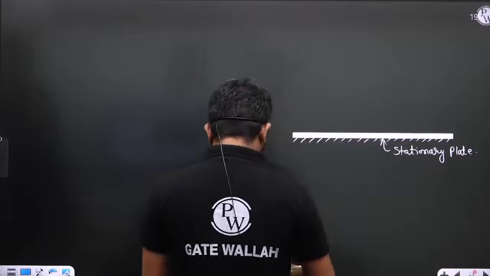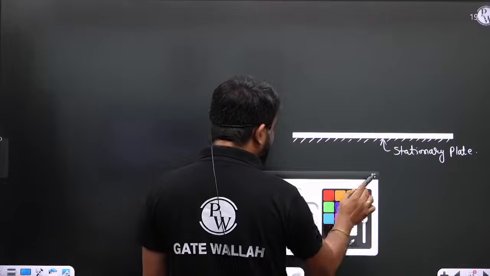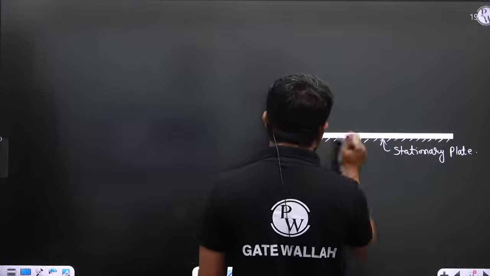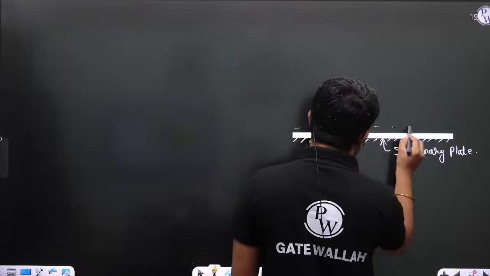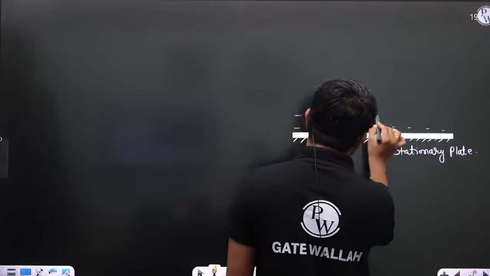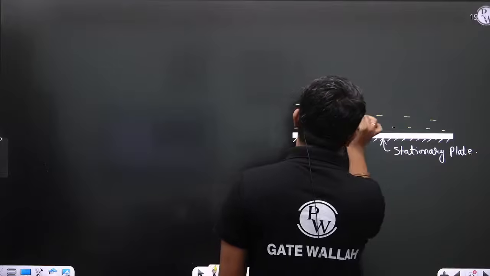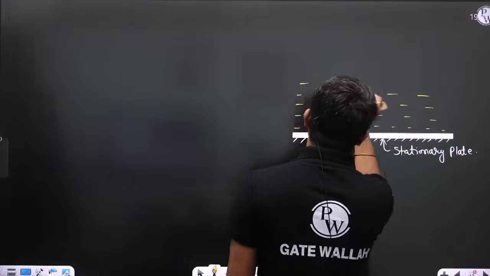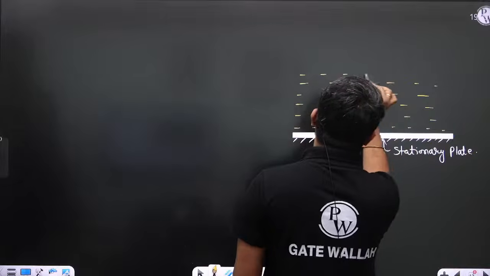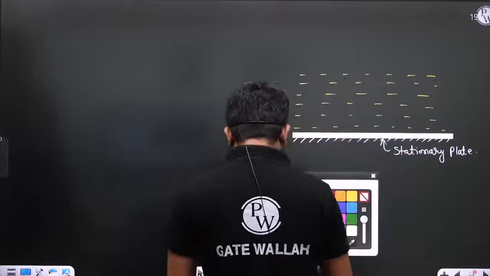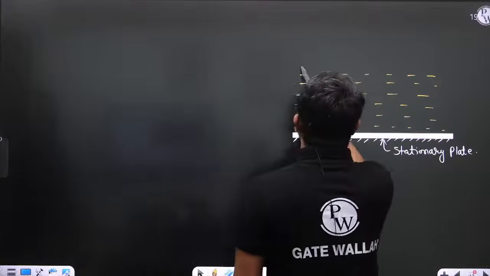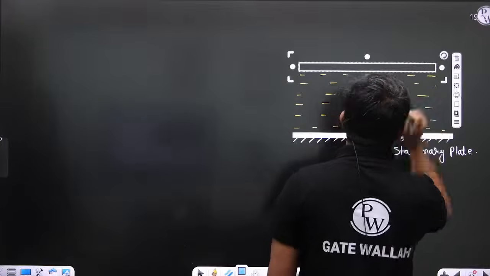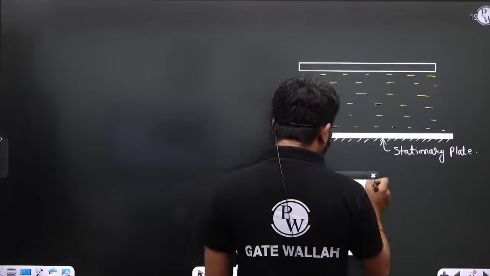Now above the stationary plate, let us consider there is a fluid, and above this fluid there is another plate, which is a top plate.